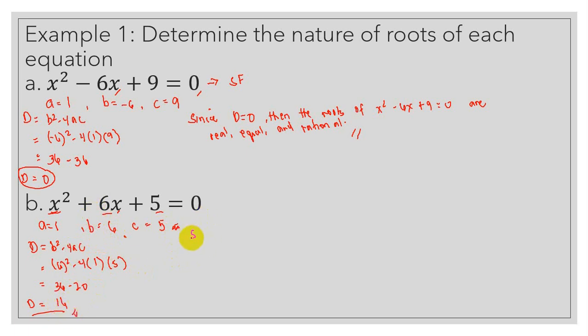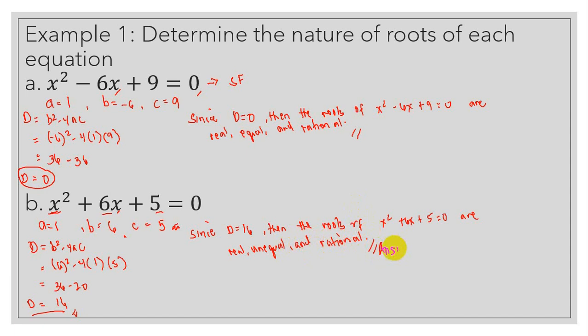Therefore, we can say that since the discriminant is 16, then the roots of x squared plus 6x plus 5 equals 0 are real, unequal, and rational. Rational because 16 is a perfect square. This is now the nature of the roots of the equation x squared plus 6x plus 5 equals 0.